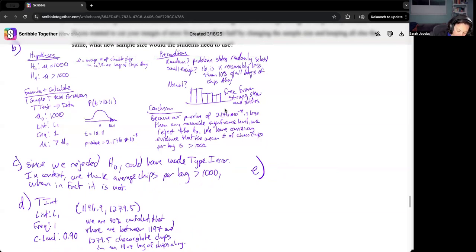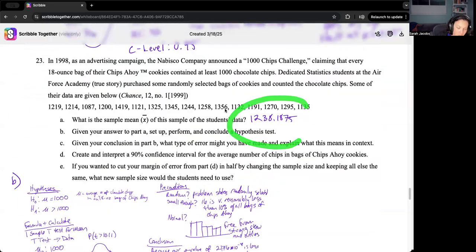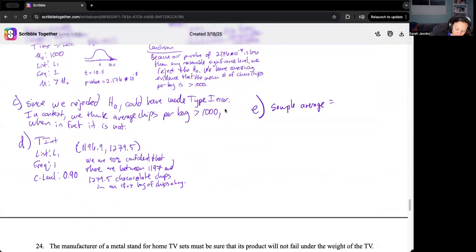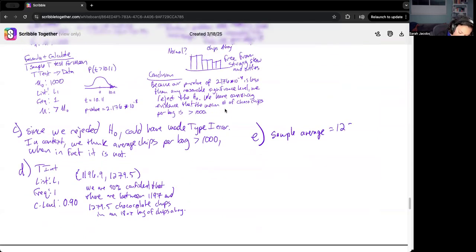So right now, the sample average is what we got in part A, 1238.1875. Okay, so I was thinking about this more with proportions when I actually added this to the question, but that's fine.